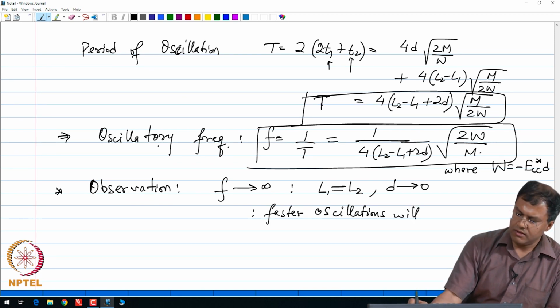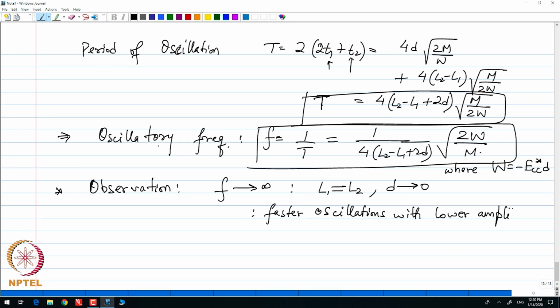with lower amplitude. So, in the limit of 0 amplitude we expect that these oscillations are almost unreliably small to be measured. So, what I just said is that in this particular case, when the frequency goes to infinity, this is not a case of practical interest because these frequencies are almost immeasurable.